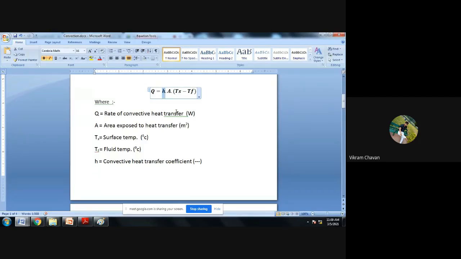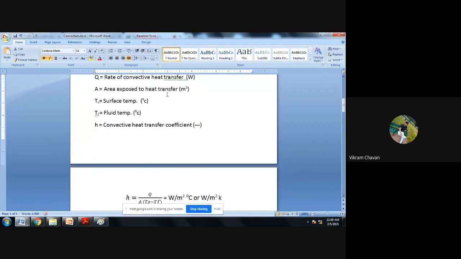So whatever A and Ts minus Tf, these two parameters on the right hand side, that is A multiplied by (Ts minus Tf), we are transferring to the left hand side.